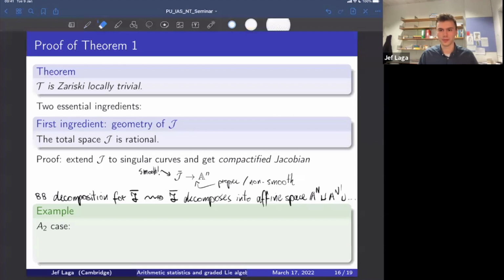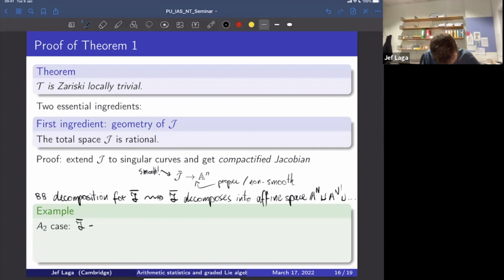So let me give you an example. In the A2 case, it turns out that the compactified Jacobian of a singular genus 1 curve is just the curve itself. So for example, if you take a nodal cubic, then the Jacobian will be G_m. And the way that you compactify G_m is by putting it in a nodal curve.